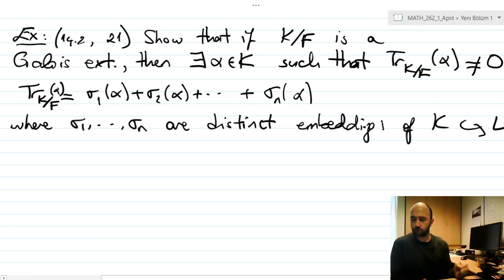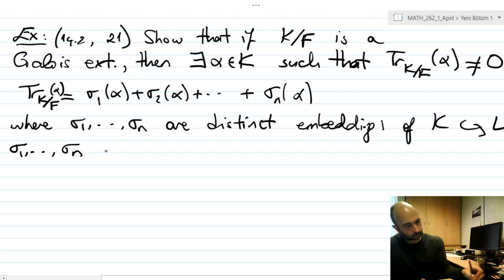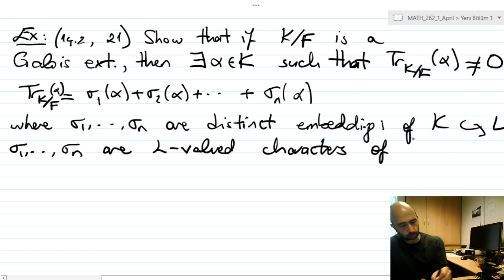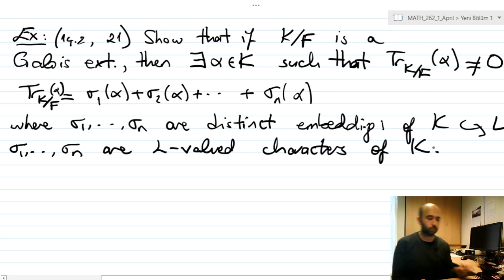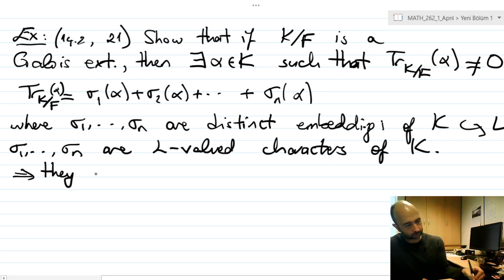So I'm using the same notation that we started in the beginning. Okay. In particular, these sigma 1 through sigma n are L-valued characters of K. This is something we talked about when we were proving the fundamental theorem of Galois correspondence. And the key thing is that distinct characters are linearly independent, and they are linearly independent over L, this even bigger field.